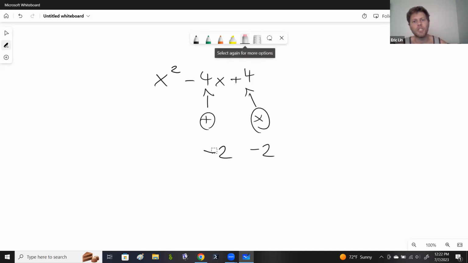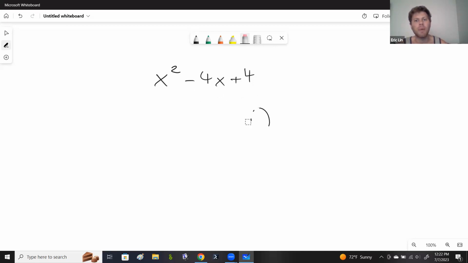And we should be able to see more or less what's going on just by looking at the signs in our quadratic. So we always need to remember that the final term was 2 numbers multiplied together to give us something.